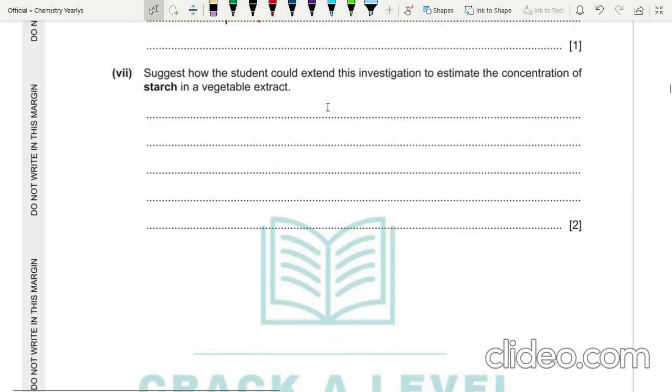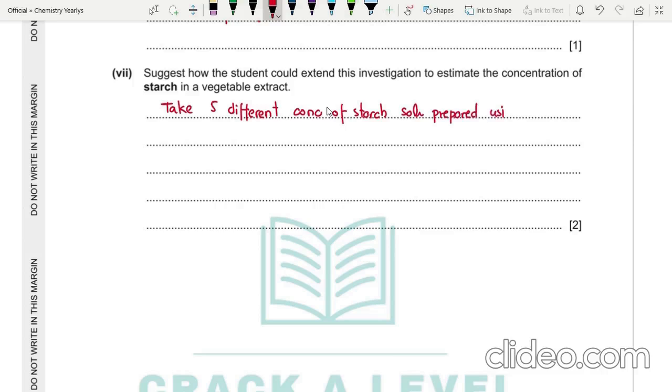So this is now a new experiment, and we are going to provide a brief detail of how the experiment should be conducted. We could say: take 5 different concentrations of starch solution prepared using simple dilution, which is more convenient because it gives you small intervals, as wider intervals are less convenient.